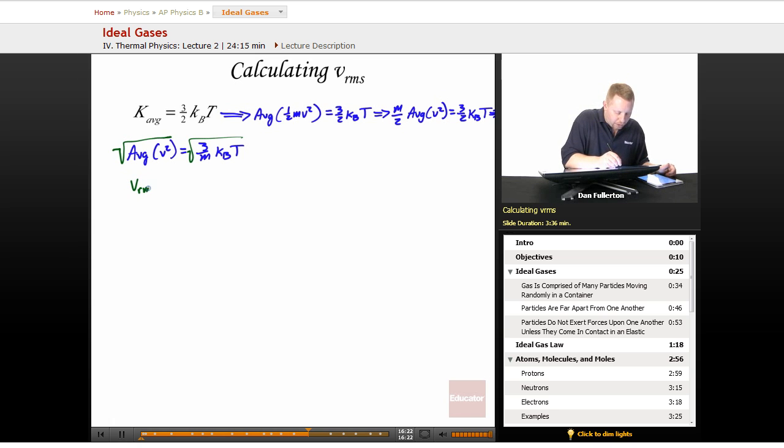So VRMS equals the square root of 3 over m kB times T.